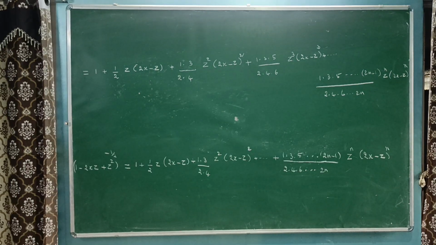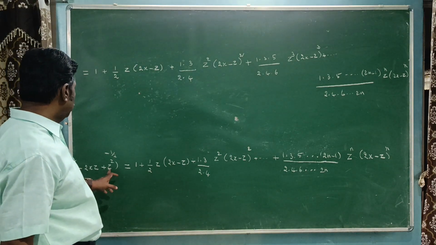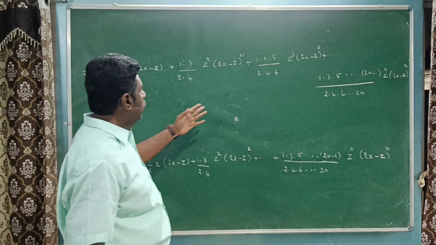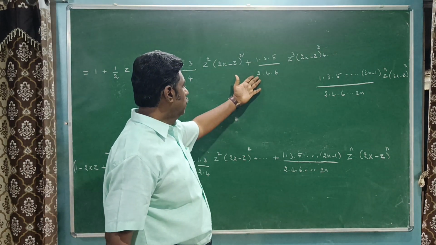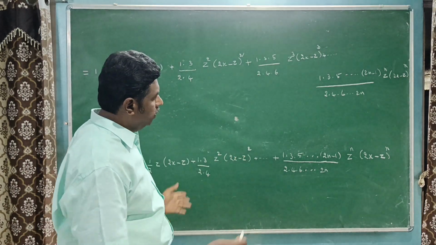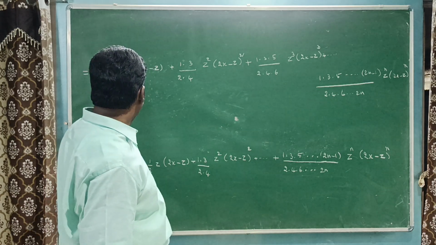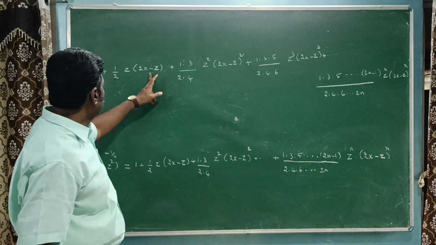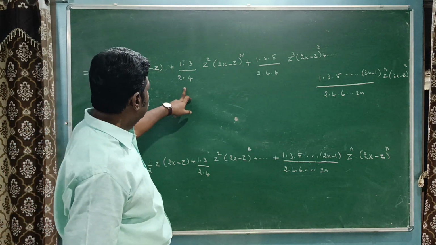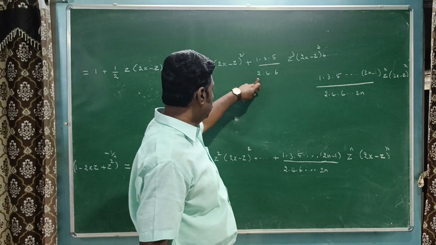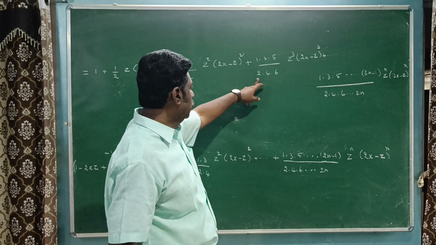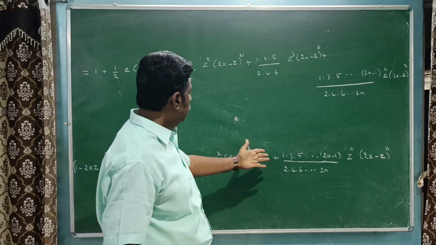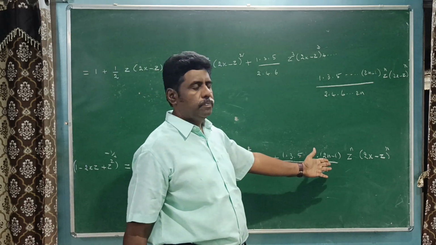In the above function, (1 − 2xz + z²)^(−1/2), I have removed some terms because of the limited space. 1 plus this term, the next term, and another term. The x³ term is not written. Then I have written directly the nth term.